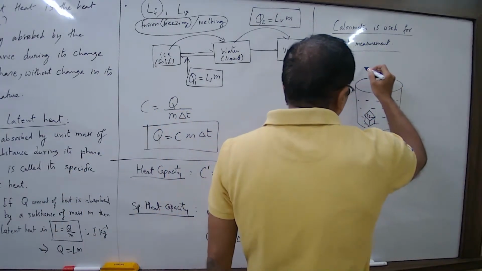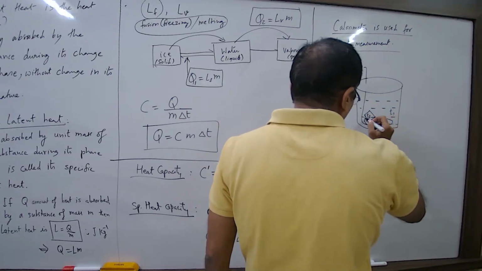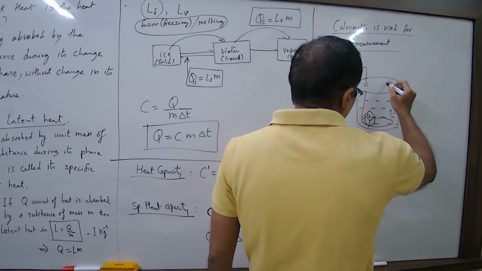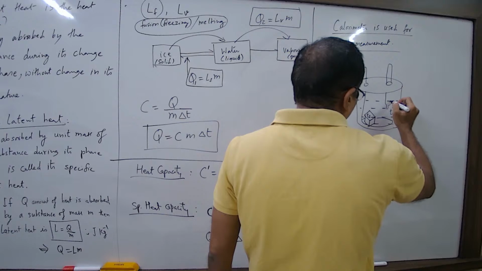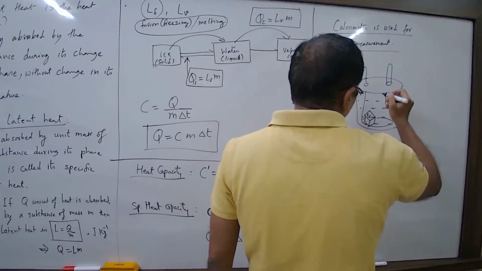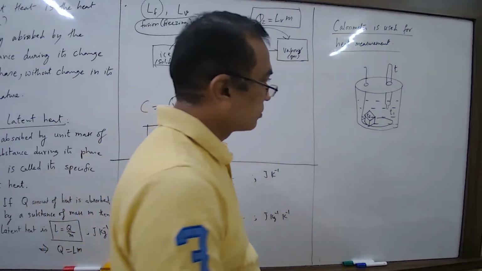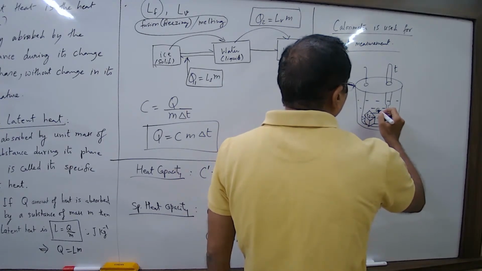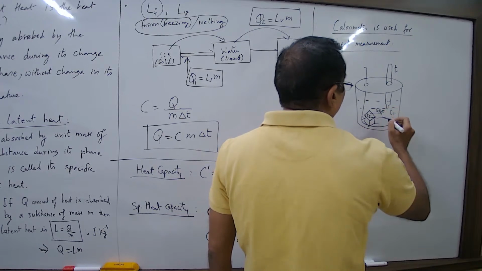I have a stirrer which I am shaking, and a thermometer to note down the final temperature. This thermometer will note down temperature T. So we have got three temperatures. This block is losing heat into the water. So this is heat lost. Whatever is the heat lost, the same heat is gained by water.